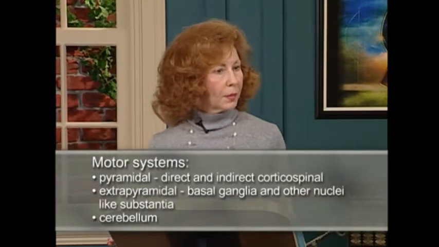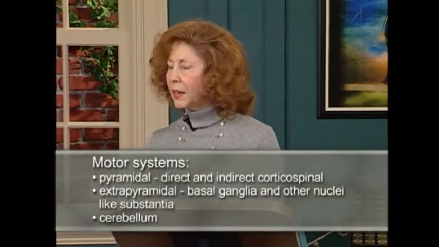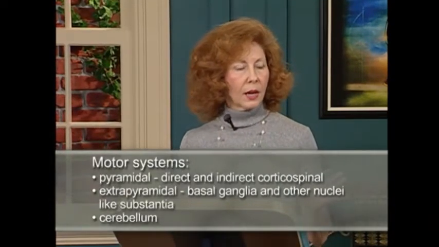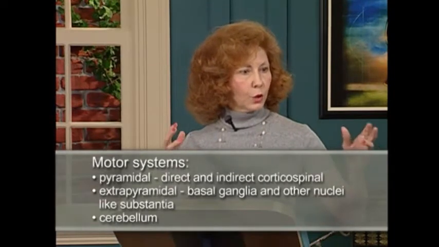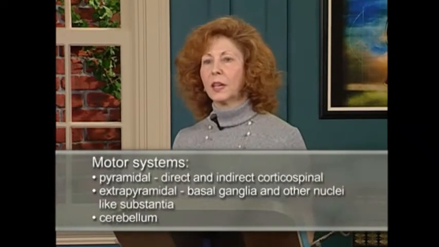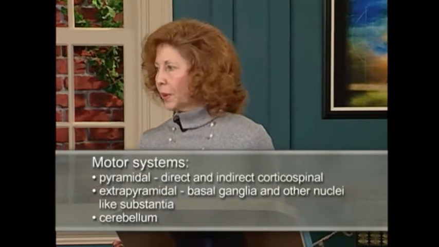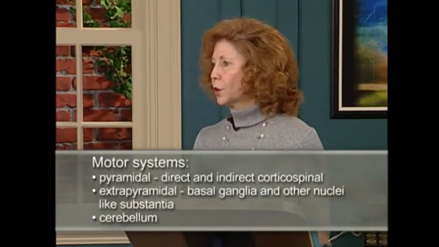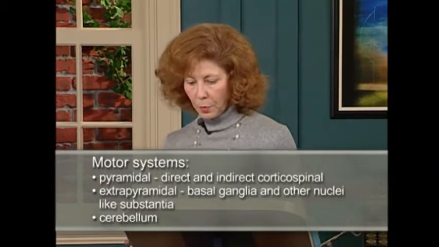Then there's the extrapyramidal system, which is involved in many things like motor programs and maintaining your ability to do certain kinds of movements. And lastly, your cerebellum, which is primarily going to coordinate learned skilled motor movement. Now, we want to go into a little more detail about some of these systems and then look at what happens in patients.